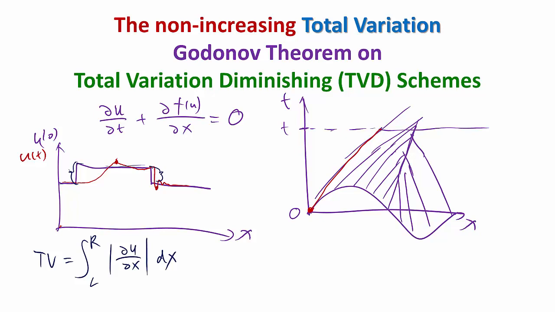It makes all the sense in the world that when you have a linear PDE, you discretize into a system of ODEs, and the system of ODEs should also be linear. So that's the assumption of the Godunov theorem. If you stick to that paradigm, then any TVD scheme has to be first order.